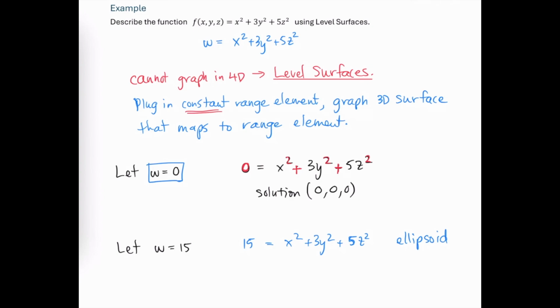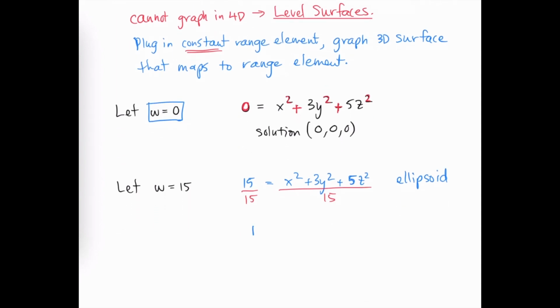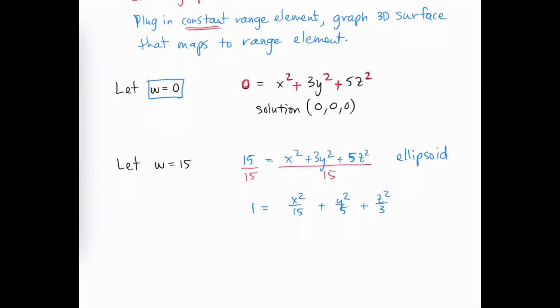And one of the ways to graph an ellipsoid is to get it in the standard form of the equation, which would be to get a positive 1 on one side here. So we will get positive 1 on the left, x squared over 15 plus y squared over 5 plus z squared over 3, and we'll have a center at the origin.